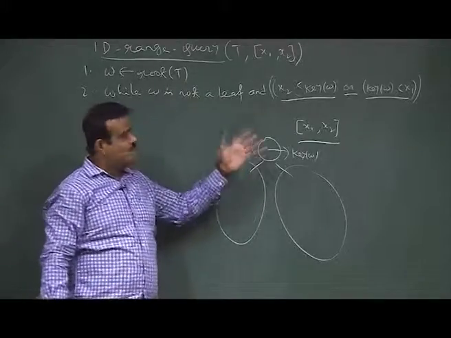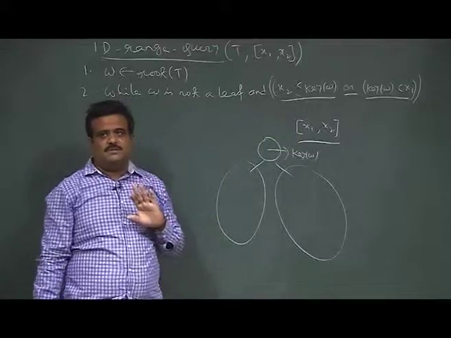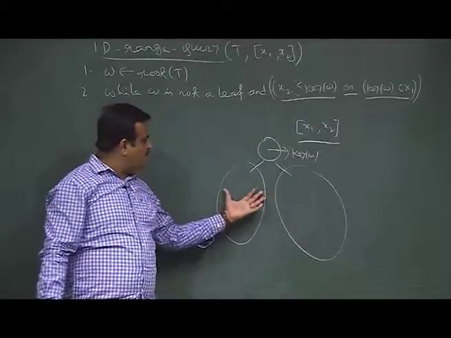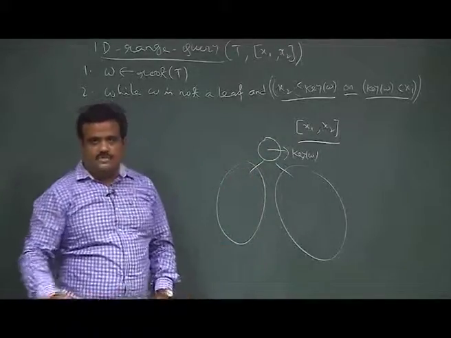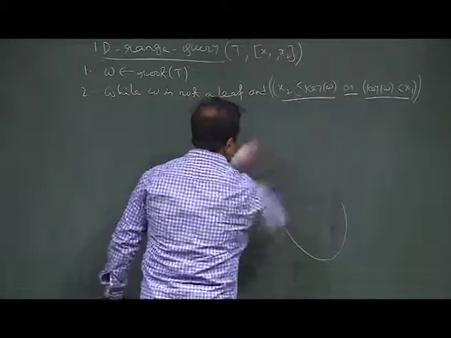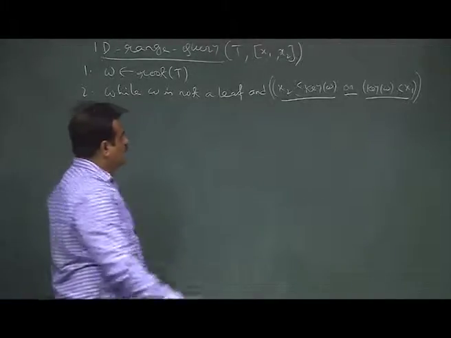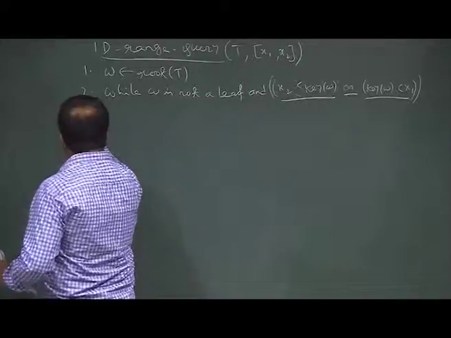So, that means it is not a split node. This is the checking that this is not a split node. So, that means there is nobody interesting on the other side, so either way we have to go. That is the idea. Then we have to go either left or right depending on whichever is matching.